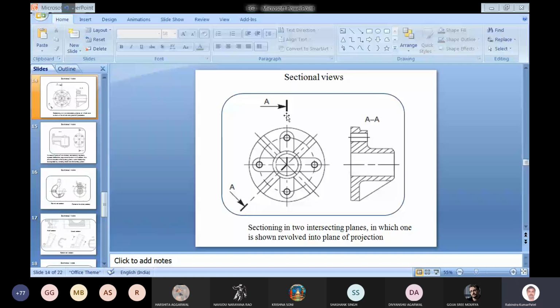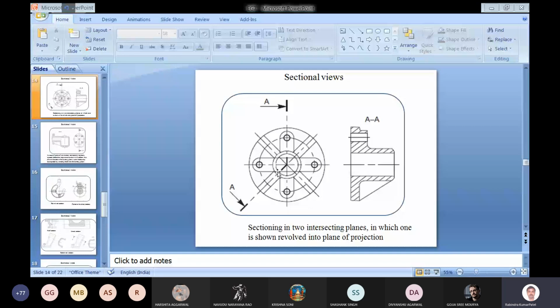Although we can show the cutting plane from here to here, it is intentionally taken, or in this type of case we take the cutting plane at an angle. At an angle it will show the cut portion at a certain location, whereas if we take the cutting plane directly here, we will not see this part.